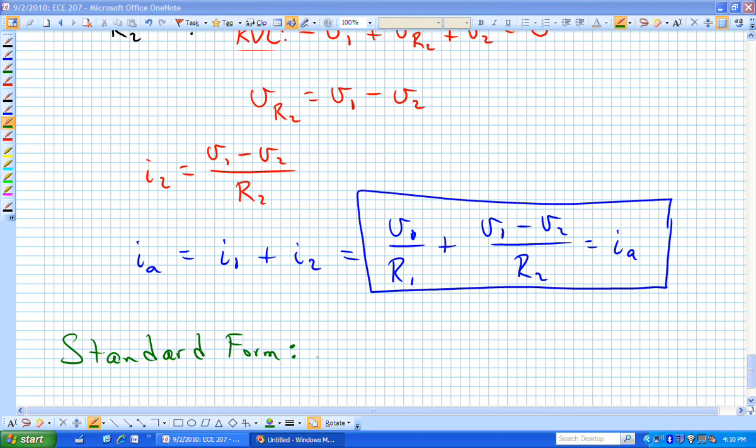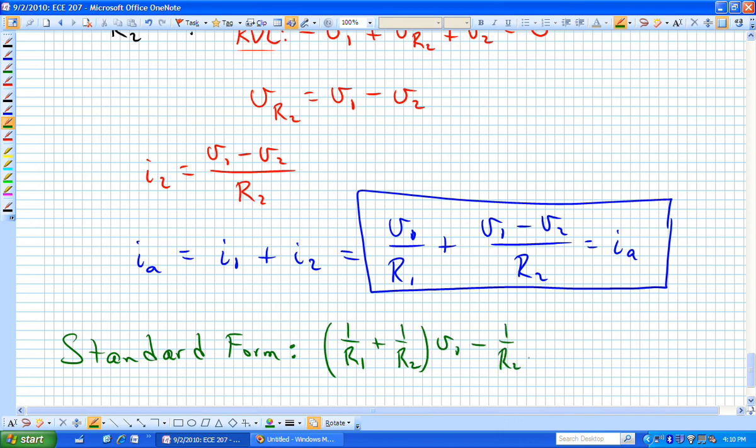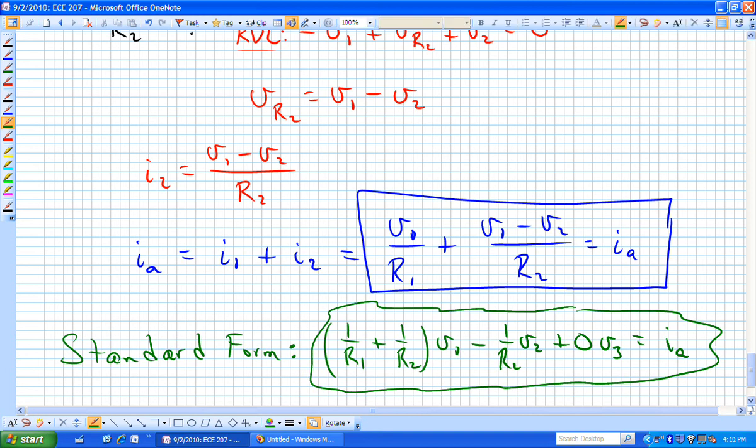In that sense, I have 1 over R1 plus 1 over R sub 2 times V1, minus 1 over R sub 2 times V2, plus 0 times V3, equaling I sub A. And that's a standard form that we could write it in.